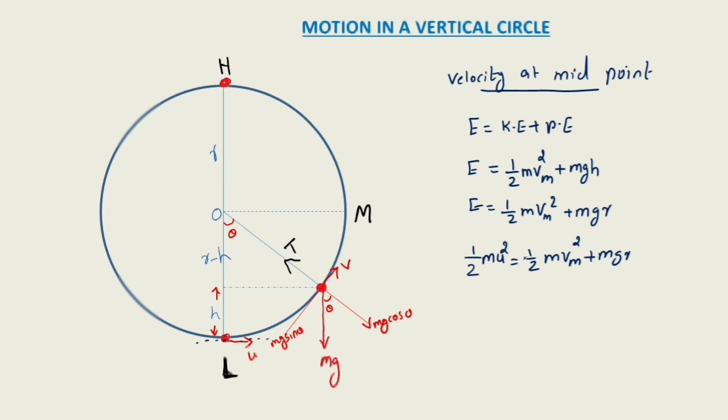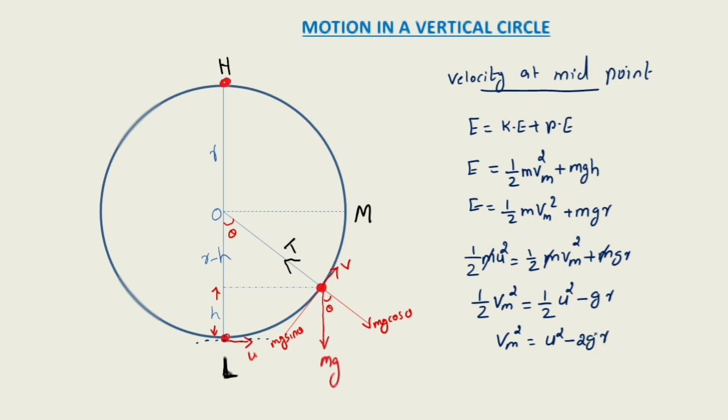Now if you solve this equation, on both the left hand side and right hand side m cancels, right? So we can write half Vm square is equal to half u square minus gr. If you multiply by 2, Vm square is equal to u square minus 2gr.